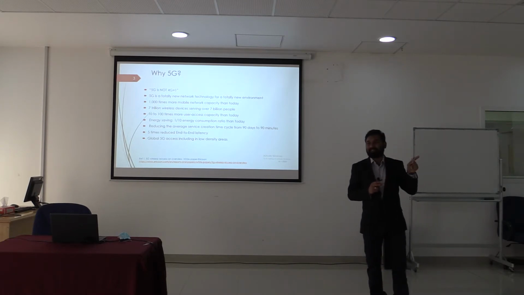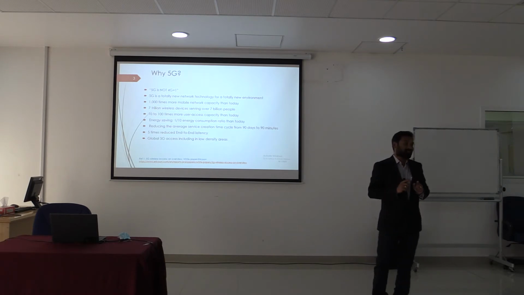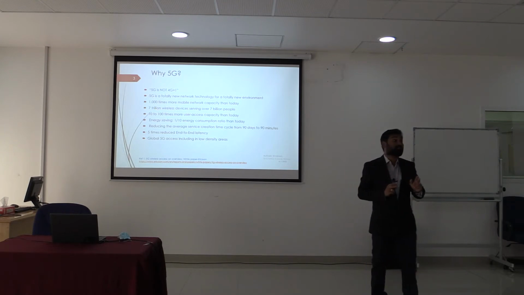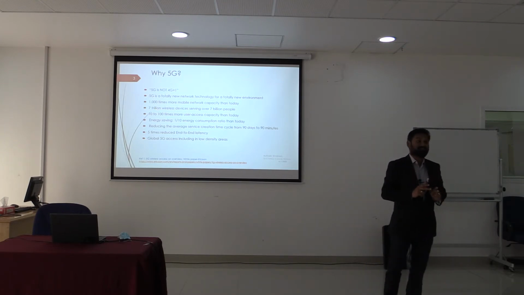With FR1, meeting such a high throughput is very difficult. So what they are doing is simply moving the spectrum from the conventional frequency band to the millimeter wave spectrum, which starts from around 18 gigahertz to almost 300 gigahertz, belonging to the sub-millimeter waves or millimeter wave spectrum.